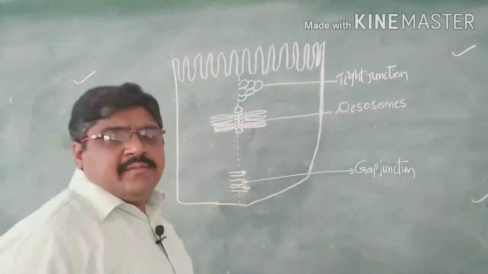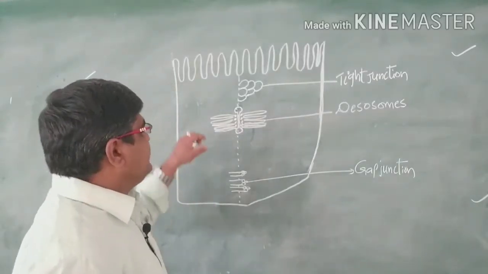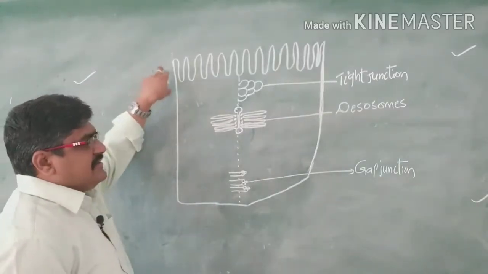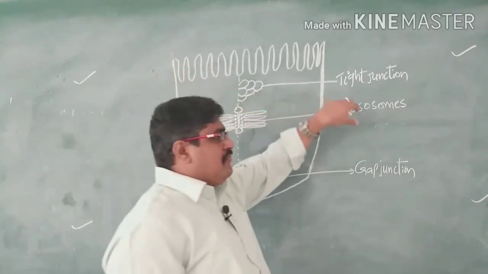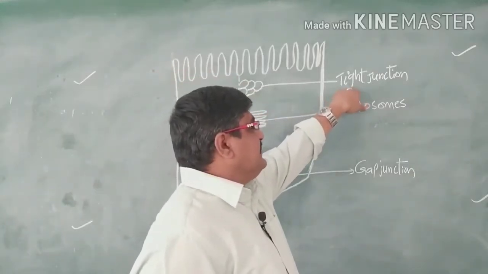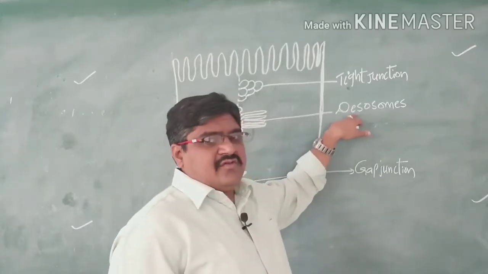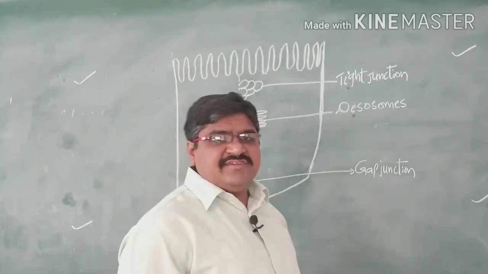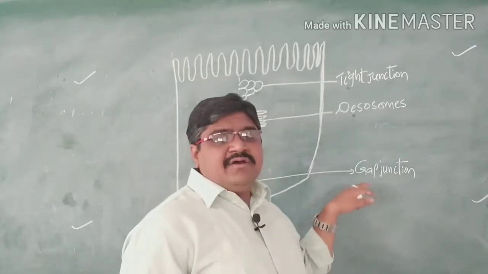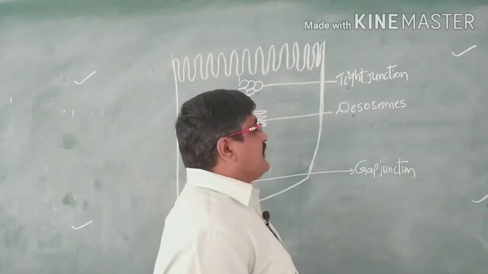Coming to the junction complexes, there are three types: the first is tight junctions, the second is desmosomes, or adhesive junctions, and the third is gap junctions. What do tight junctions mean?